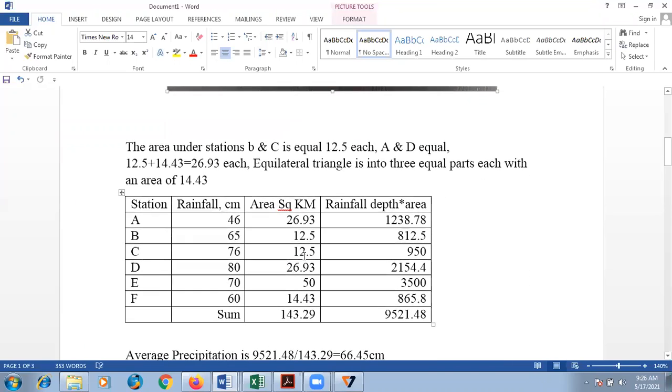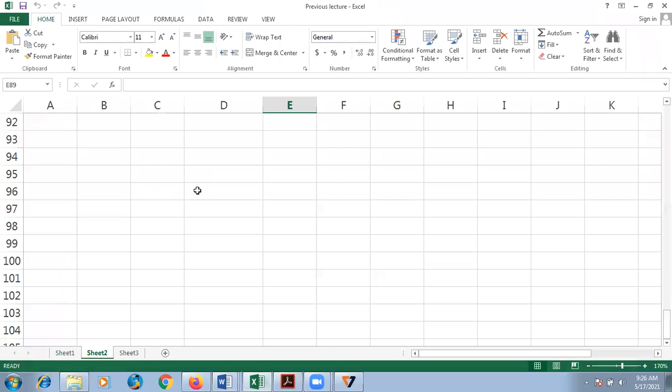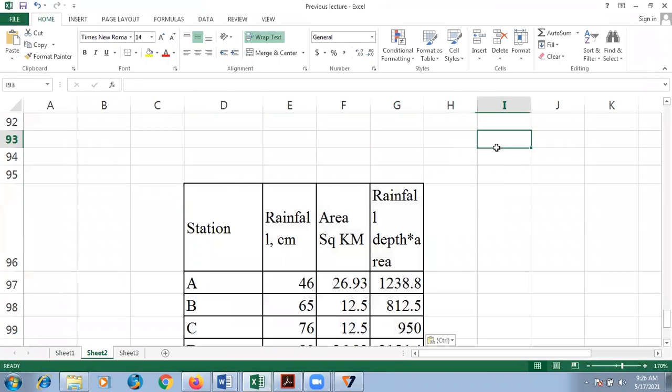For example, I have done the calculation here. I will show you how to calculate this. Let me just take it to the Excel sheet first, and then come back to the calculation part. Just a minute. I will take everything to the Excel sheet here.